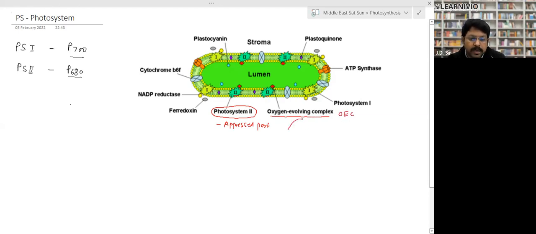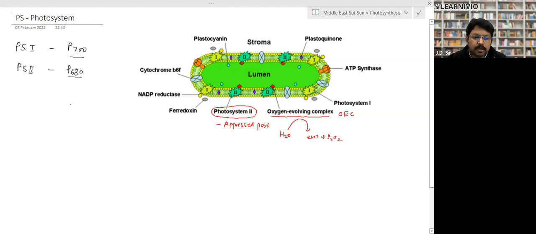It breaks down the water molecule into hydrogen plus oxygen. So in photosystem second, the photolysis of water takes place, and it is found in the appressed part.